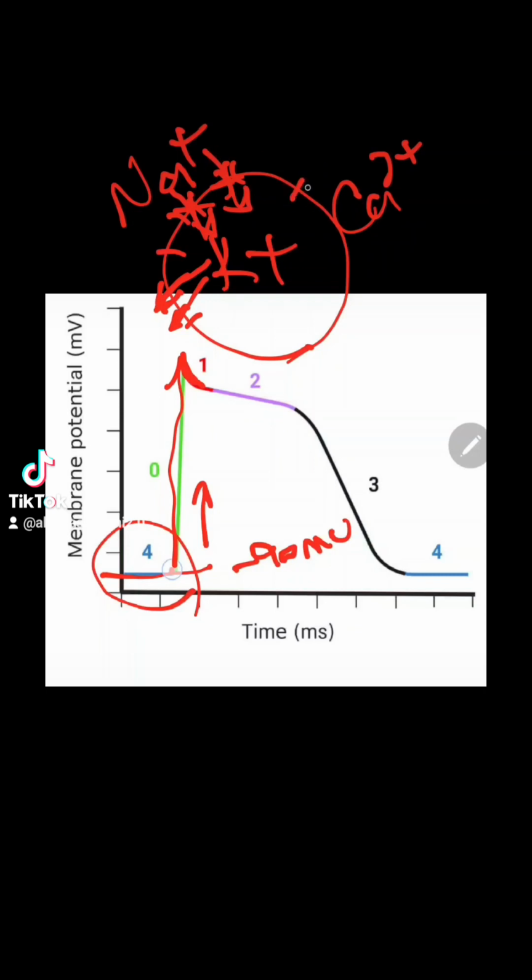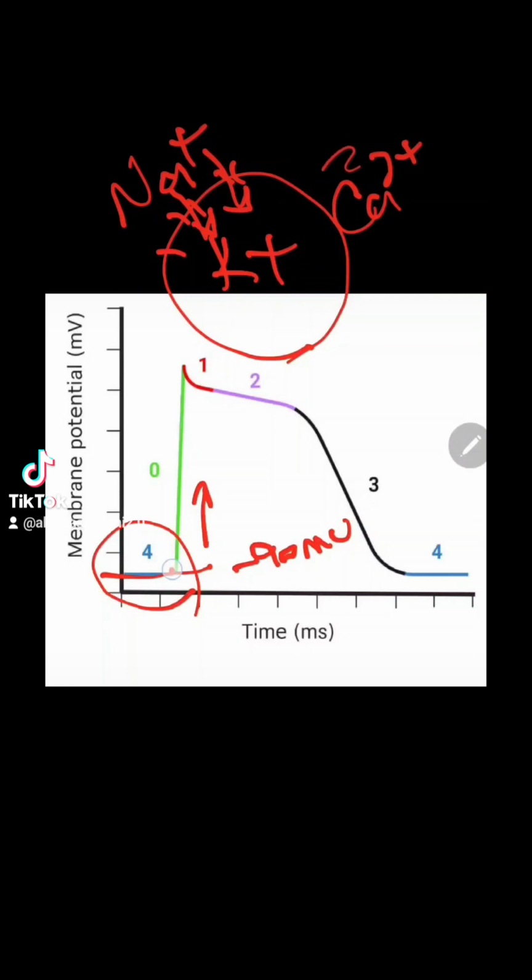At the same time, calcium channels open, and calcium, which is responsible for cardiac cells contraction, enters the cell. Once the calcium entering the cell matches the potassium exiting the cell, we get our plateau. Once we've had our cardiac cells contraction, potassium continues to pour out of the cell and makes the inside of the cell more negative again till we get to our negative 90 millivolts.